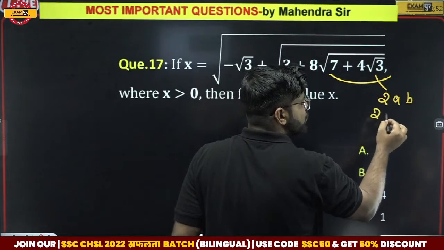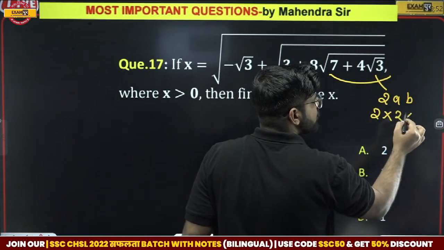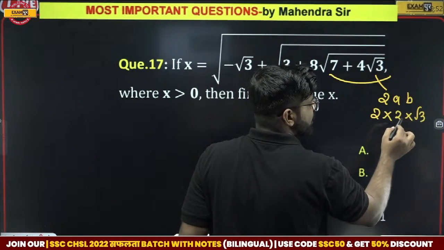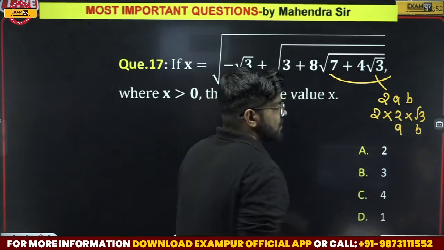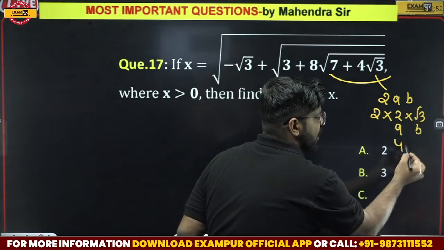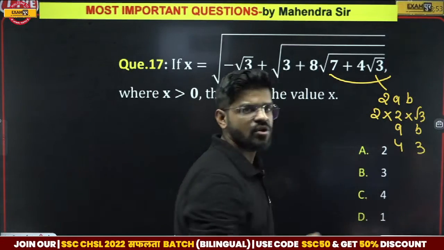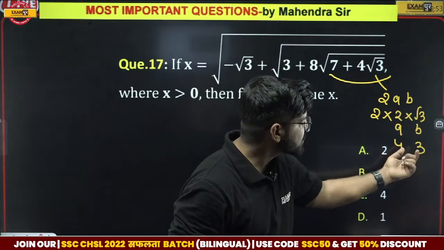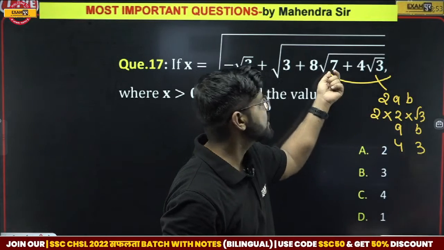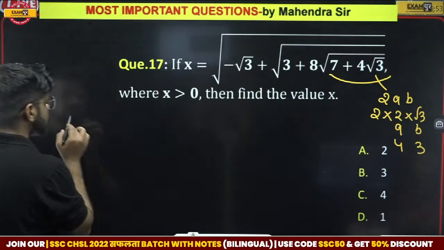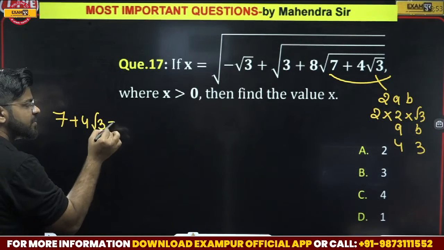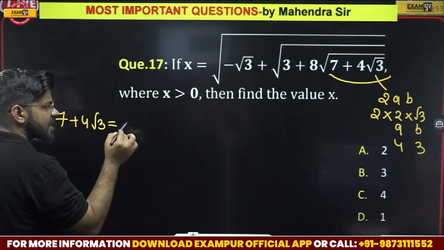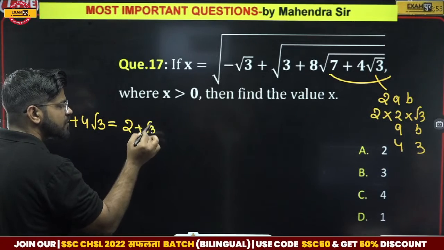So 2 multiplied by 2 multiplied by root 3. So 2ab: if this is a and this is b, then a square will be 4 and b square will be 3. Yes or no? Is there a summation of 4 plus 3? 7 is there. Yes, 7 is there. That means 7 plus 4 root 3 can be written as (2 plus root 3) whole square.